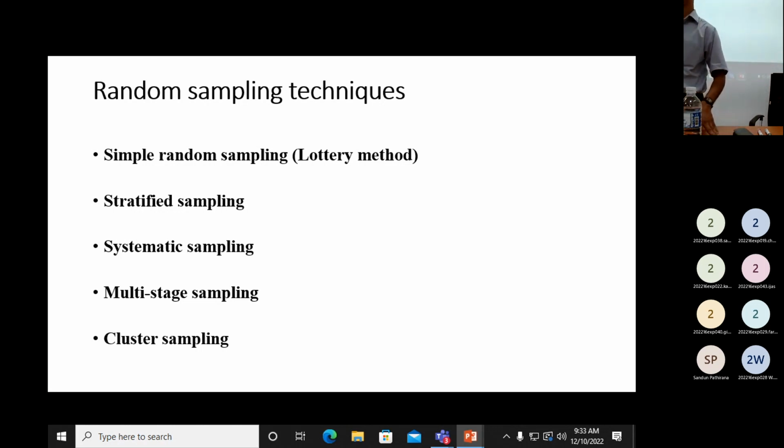Then the same number from the other parts is also selected.